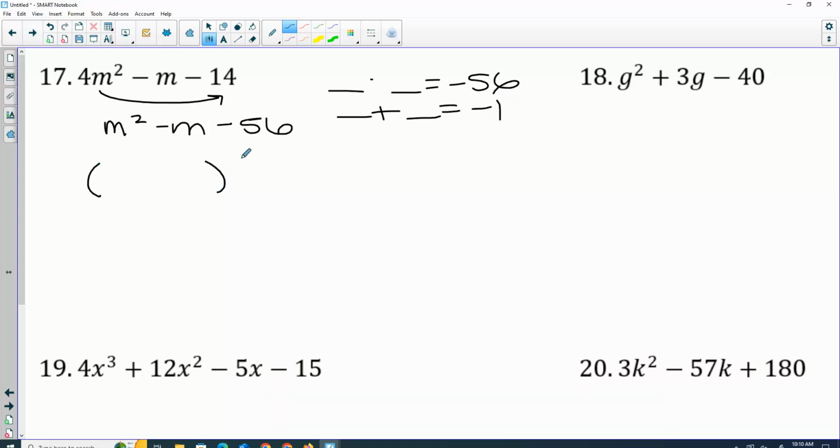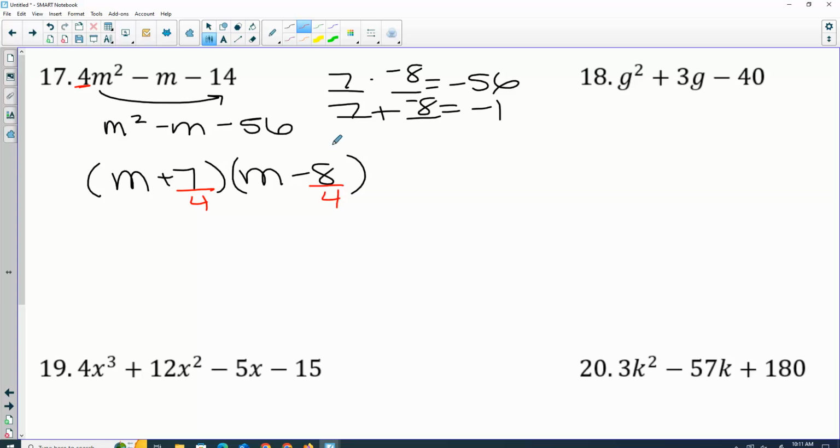What numbers work? Plus 7 and minus 8. But be careful, we aren't done. We started out multiplying the 4, so now we divide our 4. 7/4 doesn't reduce, so the 4 slides in front. So 4m plus 7. Here 8 divided by 4 is 2.